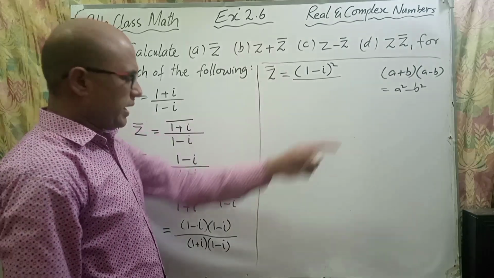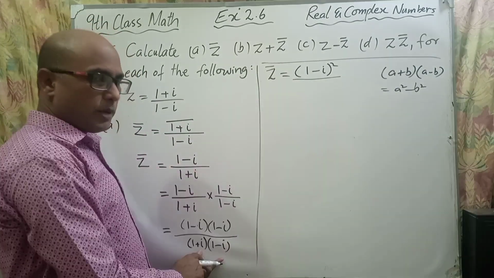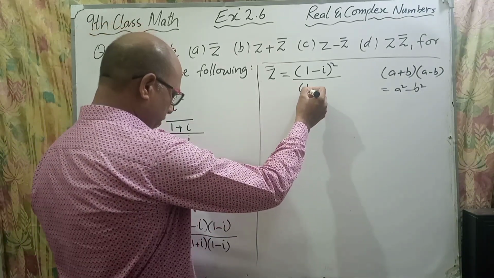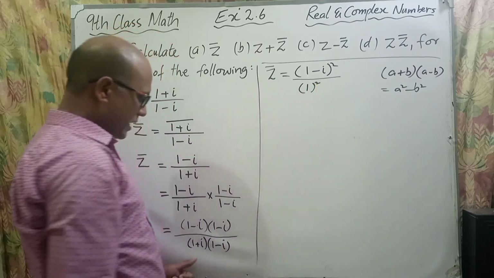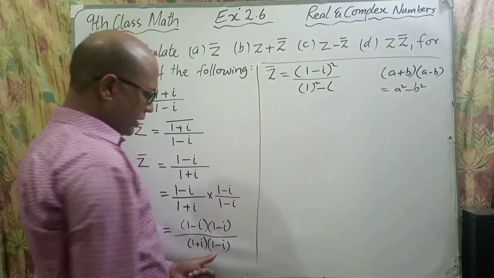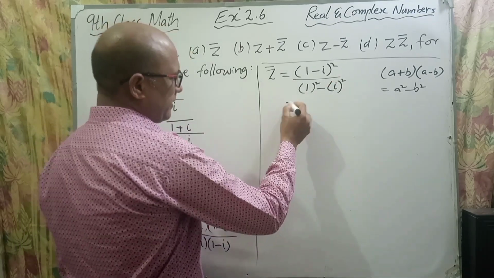In the same way, we have to apply this formula upon these two. So we'll get square of first term 1, square of 1, and minus square of second term, which is iota. We'll write square of iota.